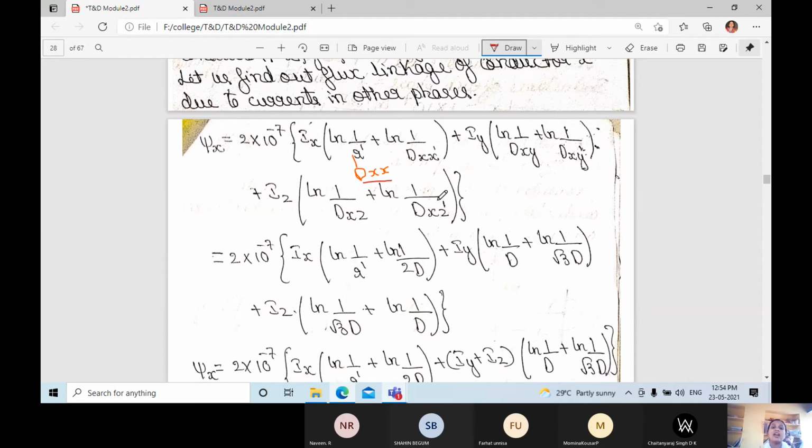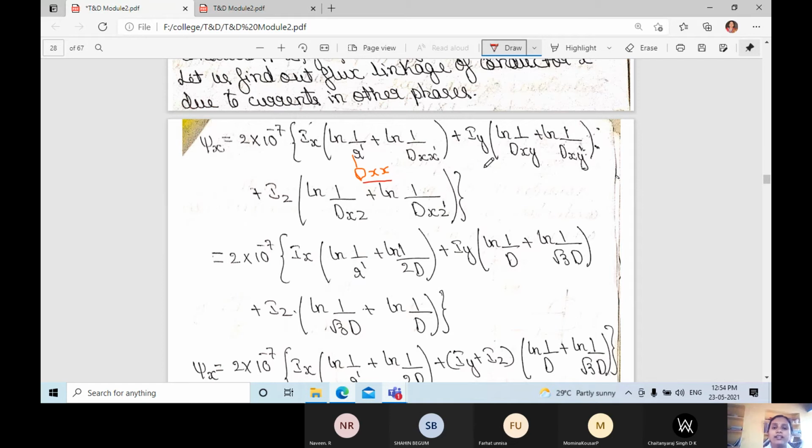In the last case we considered only 1 divided by dxy and 1 divided by dxz, but here, because it is a double circuit, we need to consider xy and xy dash and xz and xz dash.